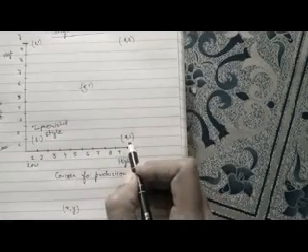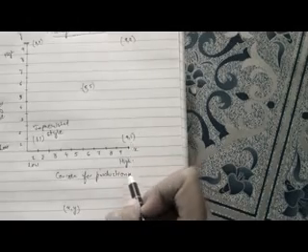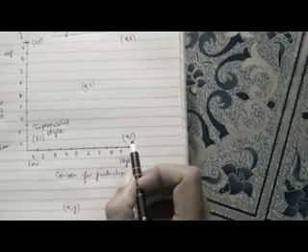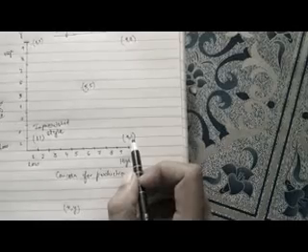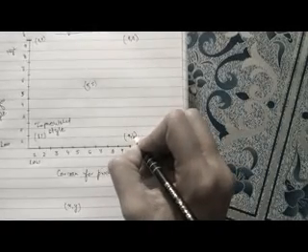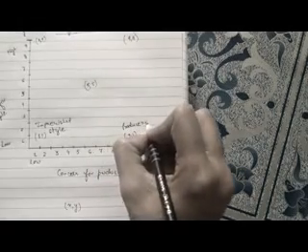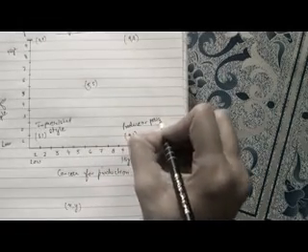And here we can see that the manager is very much concerned with production, but has no concern for people. So they used the term for 9 comma 1 type leadership: produce or perish.